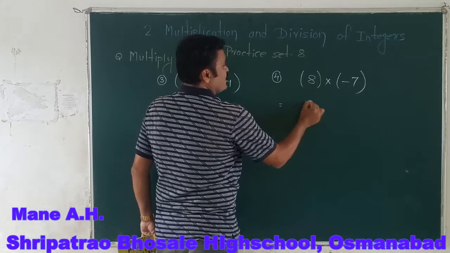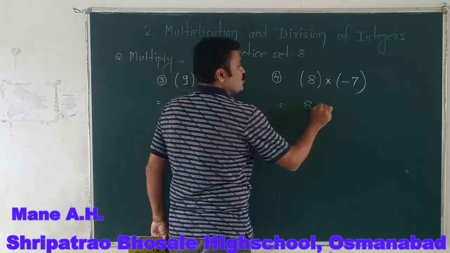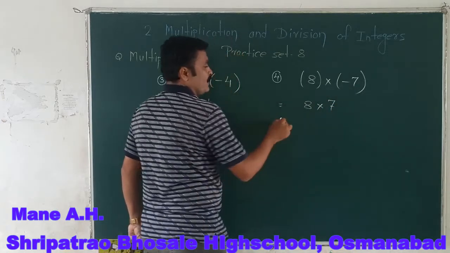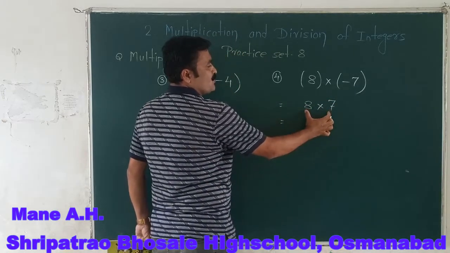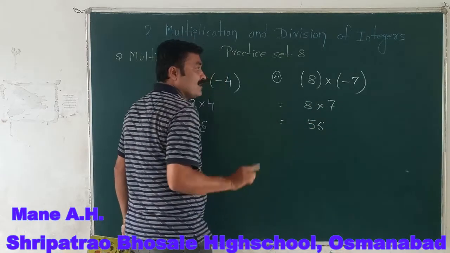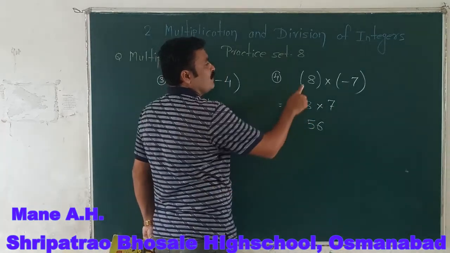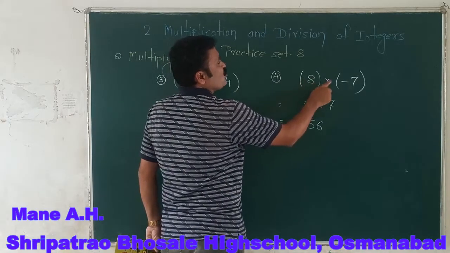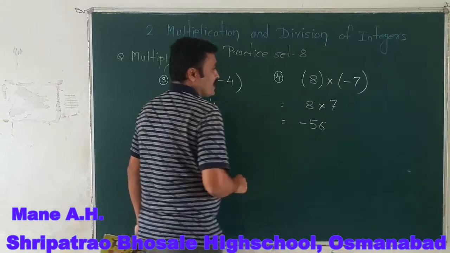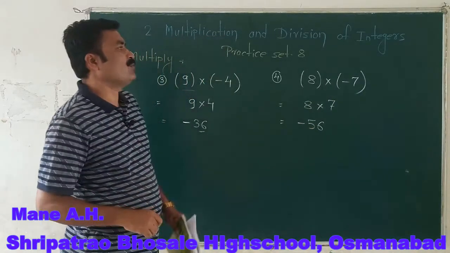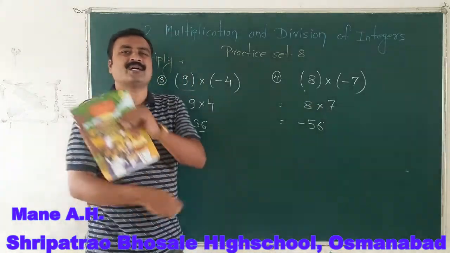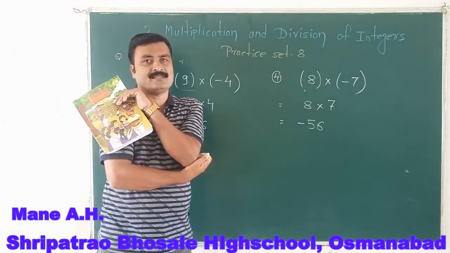Magnitude of 8 is simply 8, into magnitude of minus 7 is simply 7. Take the product of these two magnitudes: 8 sevens are 56. Now with respect to signs, plus into minus, we get minus here. So 8 into minus 7, the product of these two integers we get as minus 56.